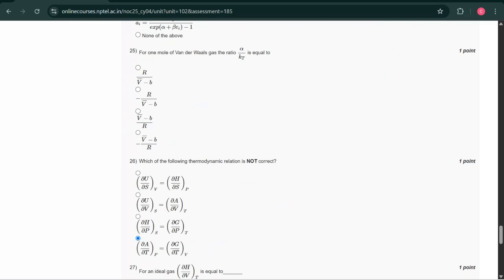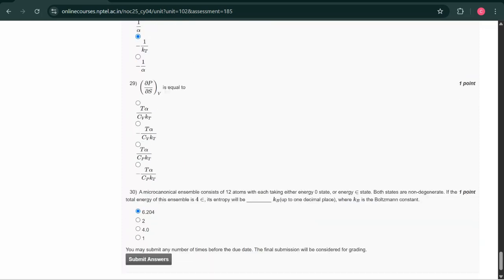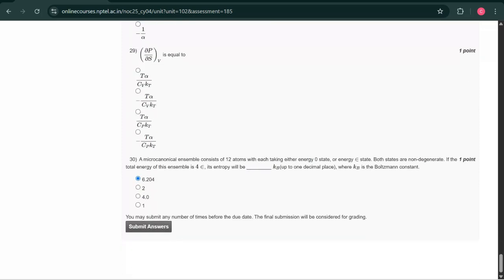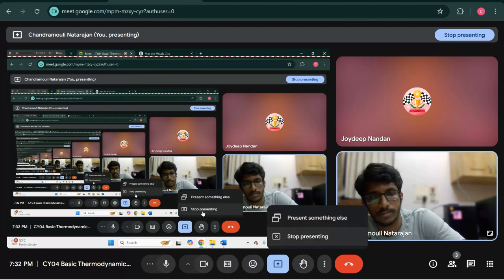What you have to do is take the van der Waals equation of gas, then differentiate V with respect to T, and then differentiate V with respect to P, and this way you will get the answer. You try that. Then anything else? 30. 30 again we discussed, no? No problem. That's it.